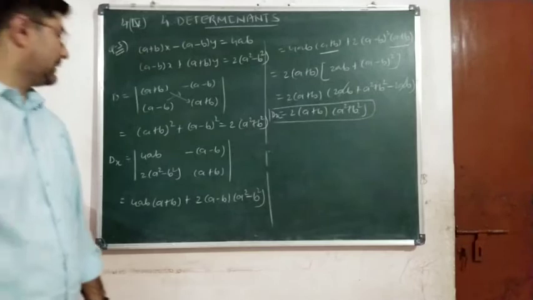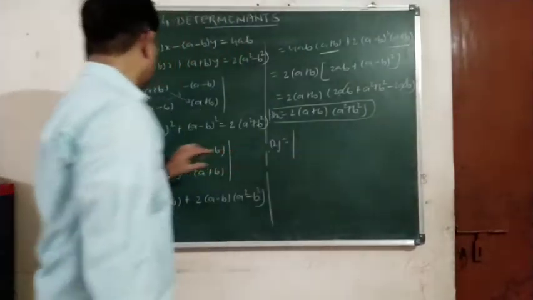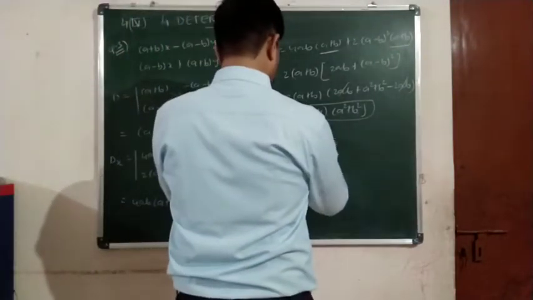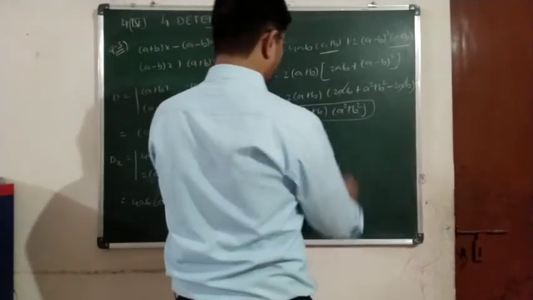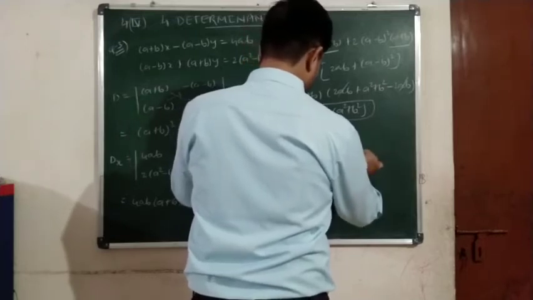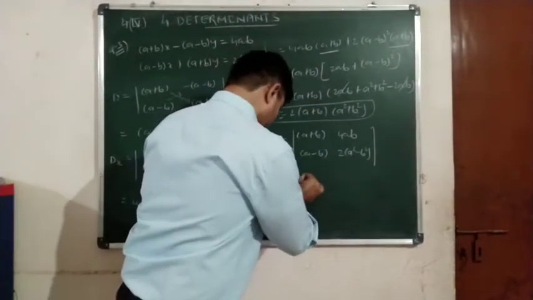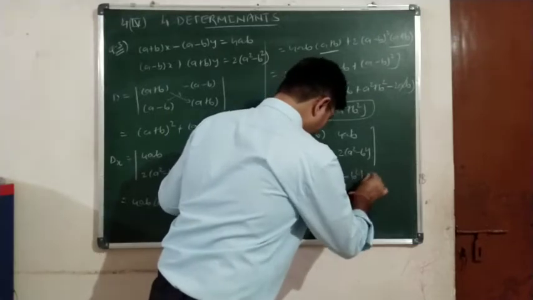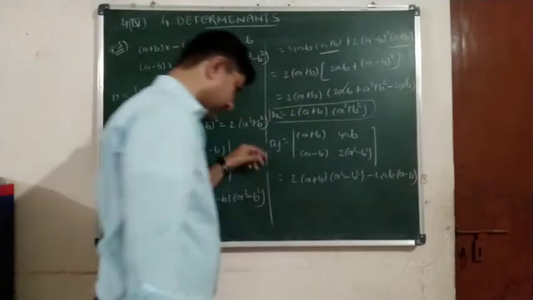Now let us similarly find out Dy. First column as it is: (a plus b) and (a minus b). Second column will be replaced by 4ab and 2 into (a square minus b square). Now solving, we get 2 into (a plus b) into (a square minus b square) minus 4ab into (a minus b).